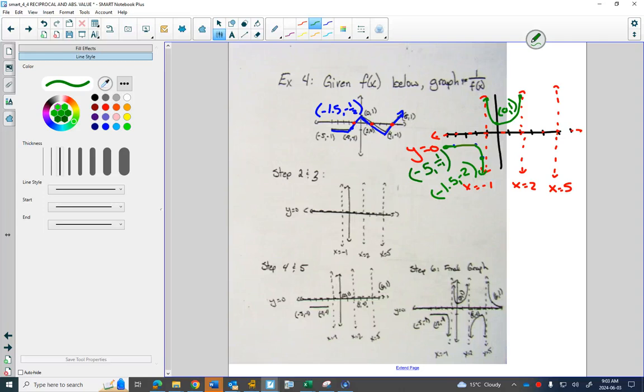So maximums become minimums, minimums become maximums. Same thing with 4, negative 1. That's going to become 4, 1 over negative 1, which stays the same. And that is a minimum here. It's going to become a maximum in that section. And finally, 6, 1 will become 6, 1 over 1.